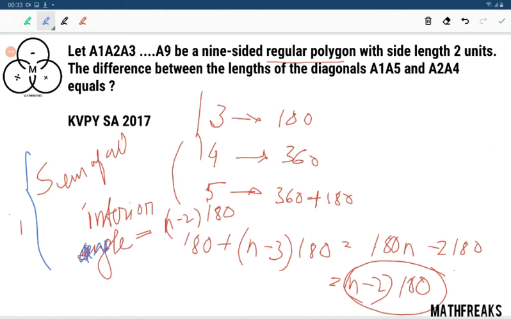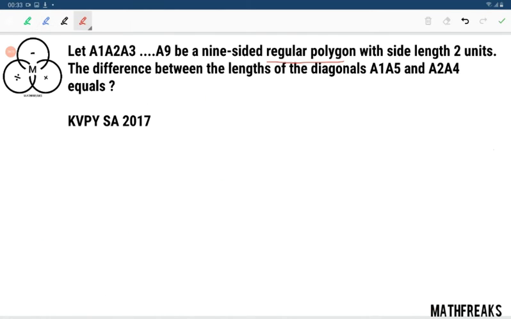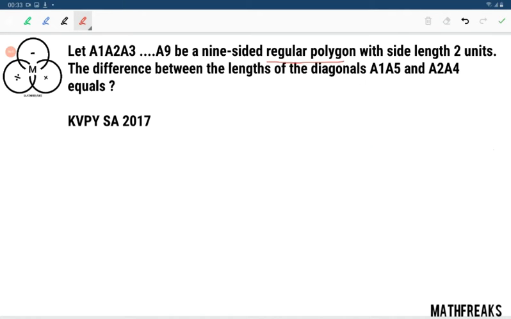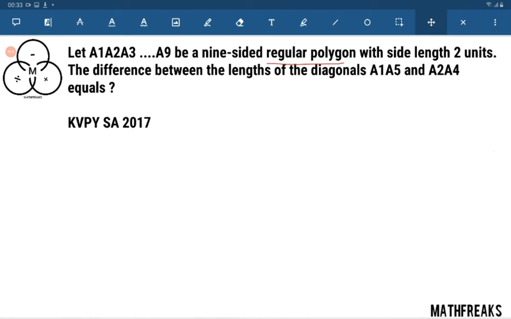And sum of all exterior angles is always 360 degrees. Interior angle sum is (n minus 2) into 180, and this is the sum of all exterior angles, 360. From these also questions are often asked in KVPY. I would not say in IOQM. I would never say this.